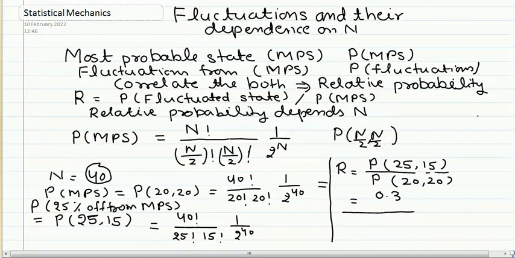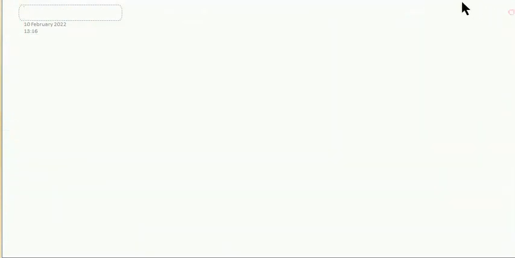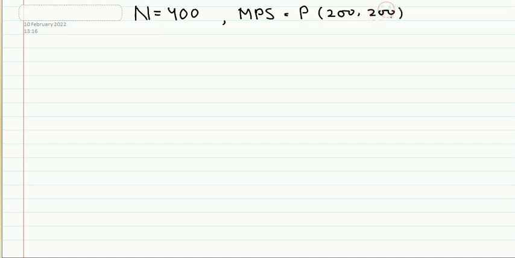Now we will do the same exercise for a large number, and that large number is 400. So now n is equal to 400. For n equal to 400, the most probable state is P(200, 200).